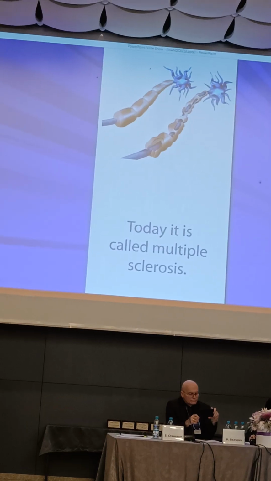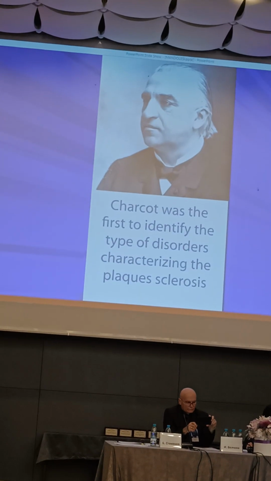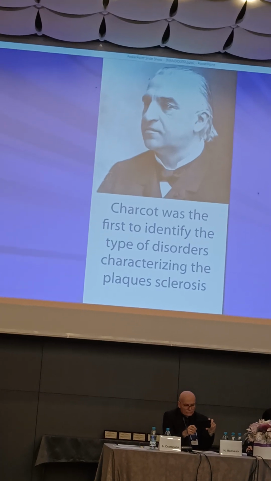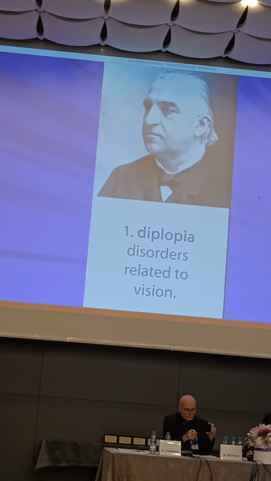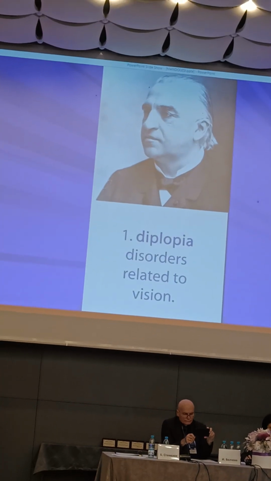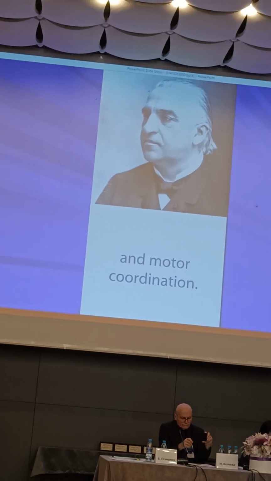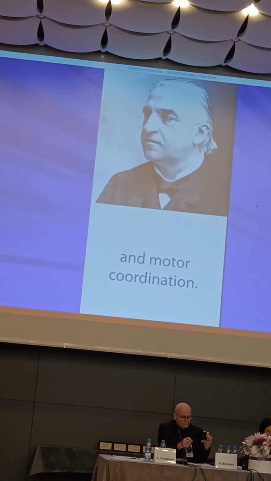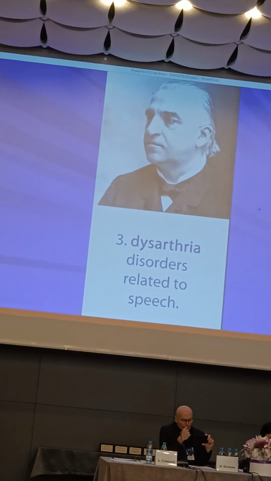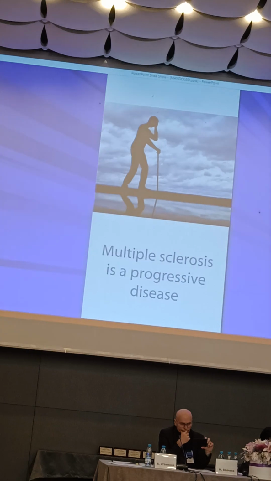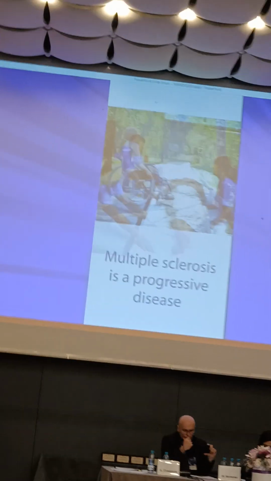Today, it is called multiple sclerosis. Charcot was the first to identify the triad of disorders that characterize the plaque sclerosis: diplopia, disorders related to vision; ataxia, disorders related to balance and motor coordination; dysarthria, disorders related to speech. Multiple sclerosis is a progressive disease, currently incurable.